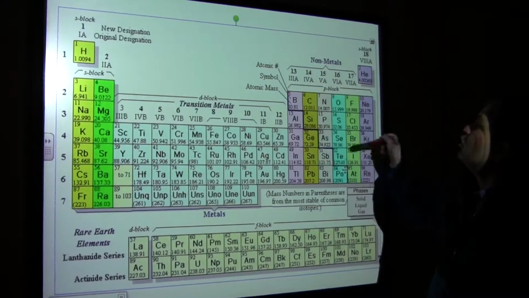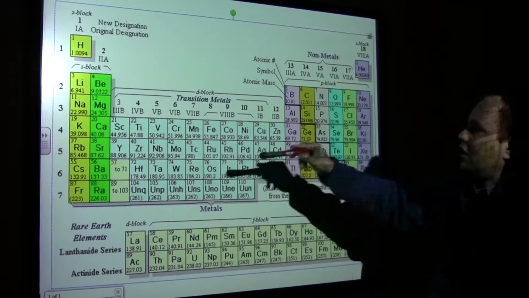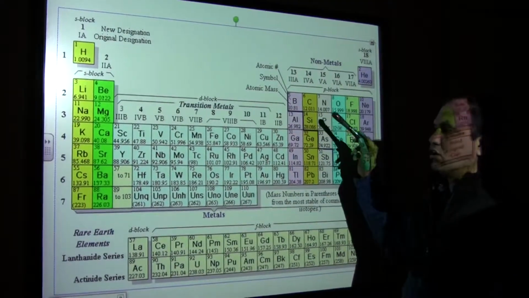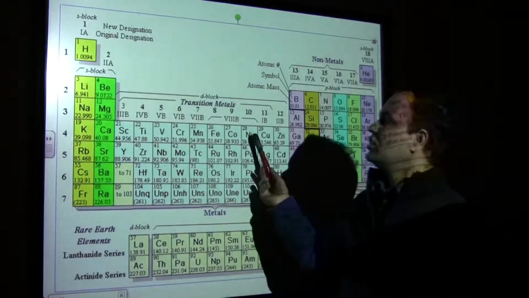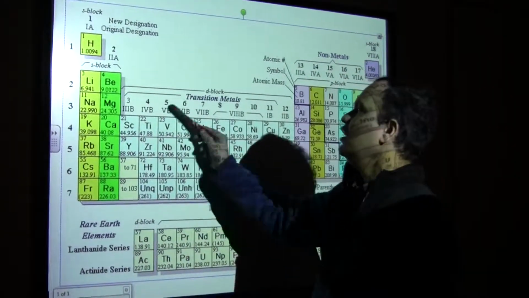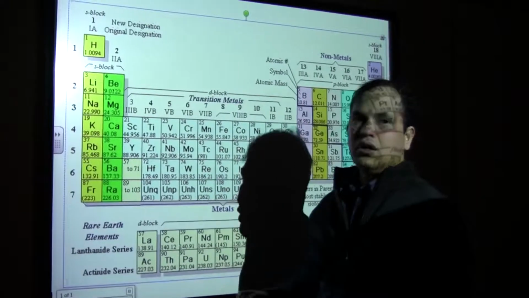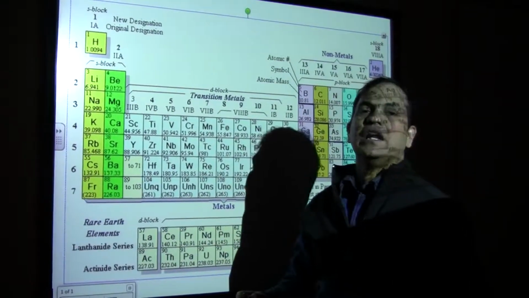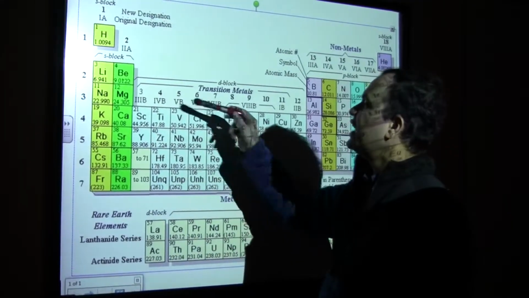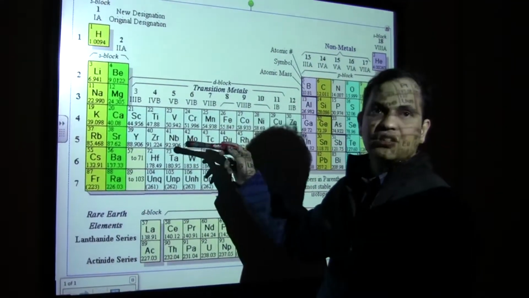This way, once we know the group number, we know the number of valence electrons. While this information will not hold exactly true for the middle group elements, where it's difficult to predict the valence electrons just by using the group number, because their chemistry is very complex.